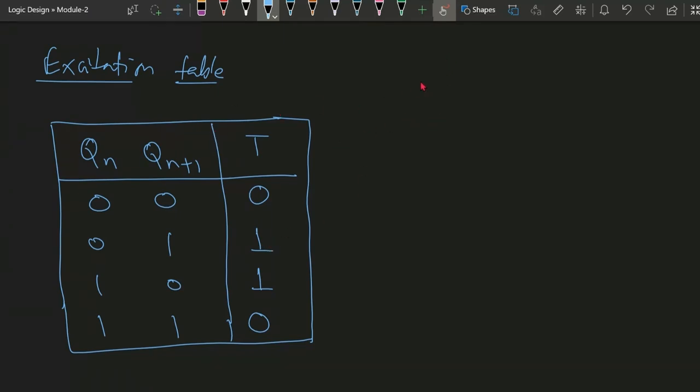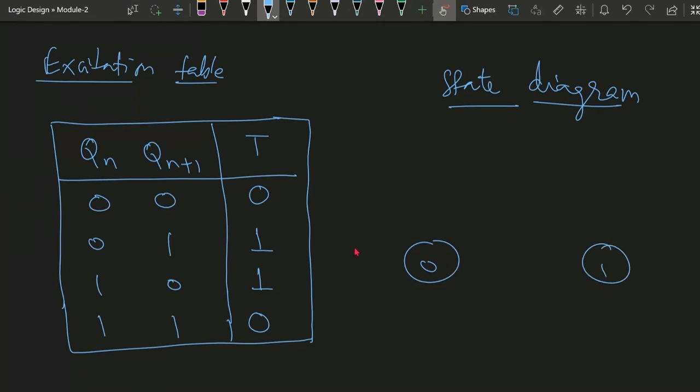With respect to the excitation table, we will be drawing the state diagram. So what is the state diagram? Again there are only two states, the 0 state and the 1 state. Going from 0 to 0, then from Qn equal to 0 to next state 1, then from 1 to 0, and then from 1 to 1.